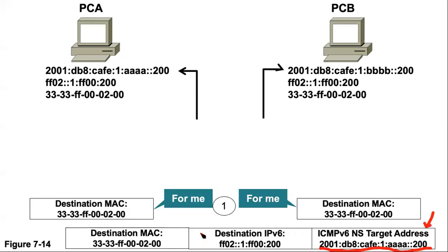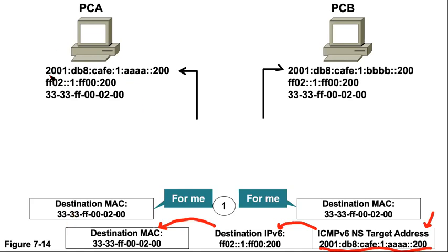What is your MAC address? So it sends out this neighbor solicitation message. This target address has been mapped to a solicited node multicast, which then gets mapped to a destination MAC address.